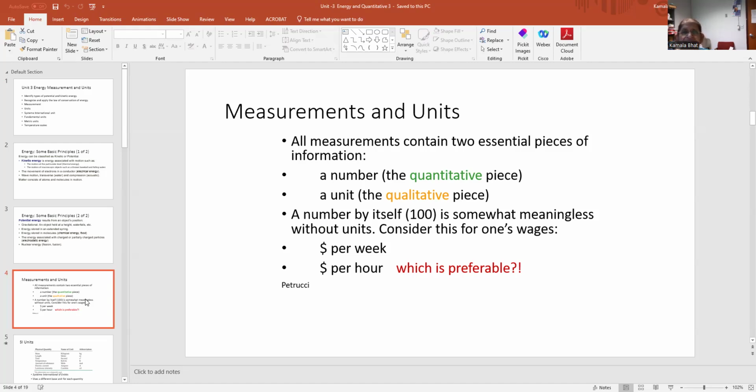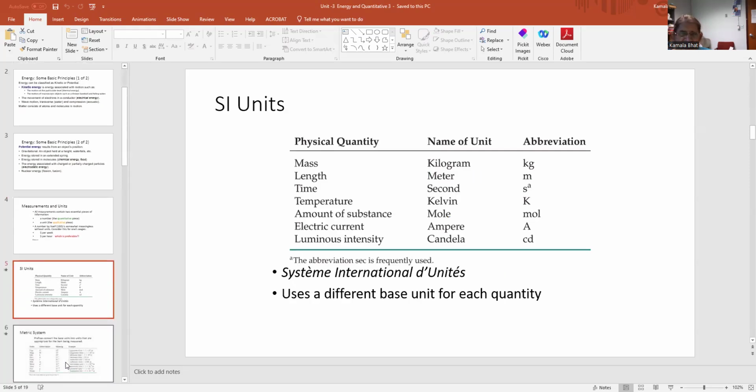Whereas if I tell you that I'm going to pay you $100 per hour, oh, I'm going to take that job, definitely. Because you know that if you work 40 hours, you're getting $4,000. That's not a bad deal at all. And therefore, you can see the significance of units.